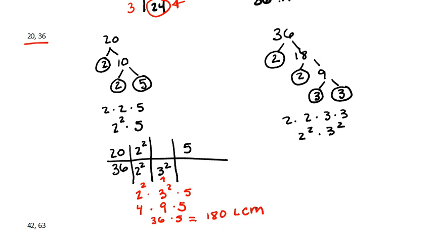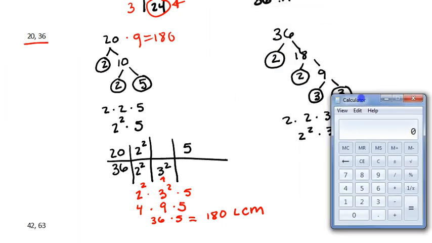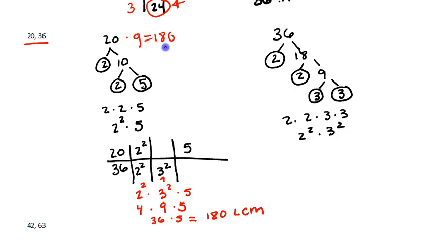Now, how do I test this? Let's bring up the calculator tool. Let's move it down so we can see it. We're going to take the number 180 and divide it by 20. And you can see here that I've written it goes into there 9 times.